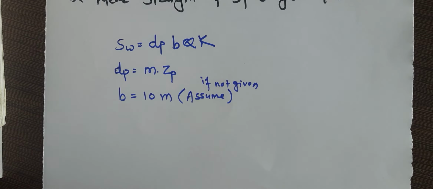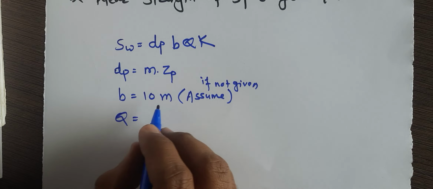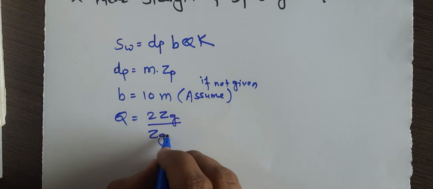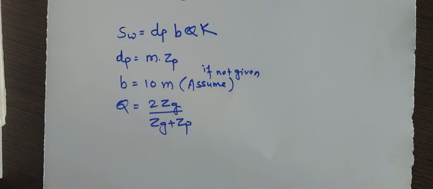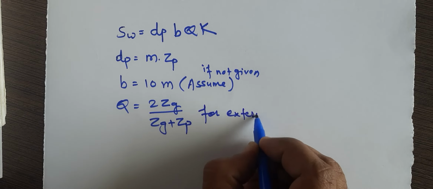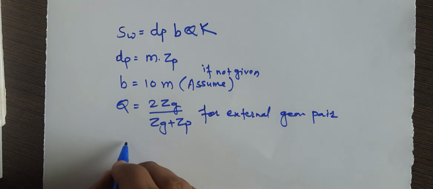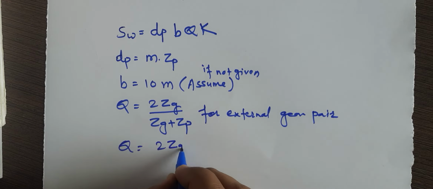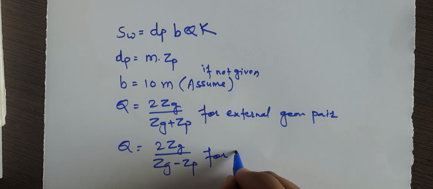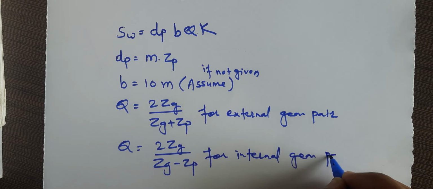Then q is your ratio factor, and you can calculate it as 2 zg divided by (zg plus zp) for an external gear pair, and q is equal to 2 zg divided by (zg minus zp) for an internal gear pair.